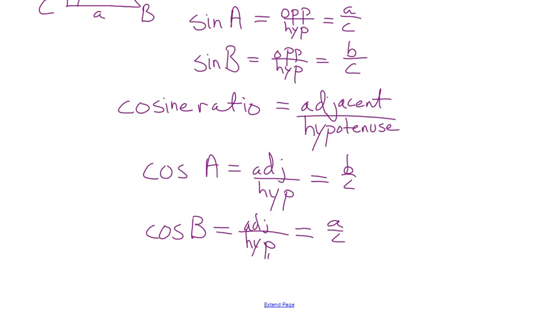Okay, what do you notice about the cosine of angle A? It's the same as the sine of angle B. What do you notice about the cosine of angle B?